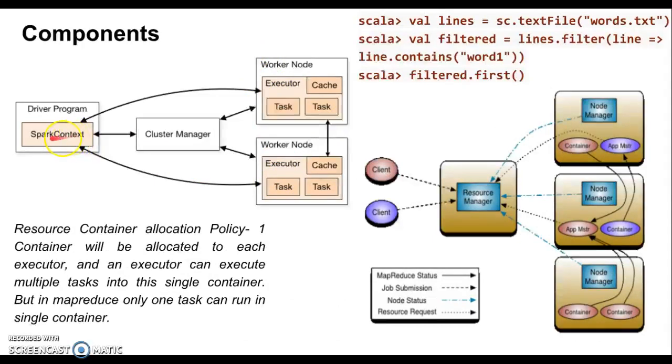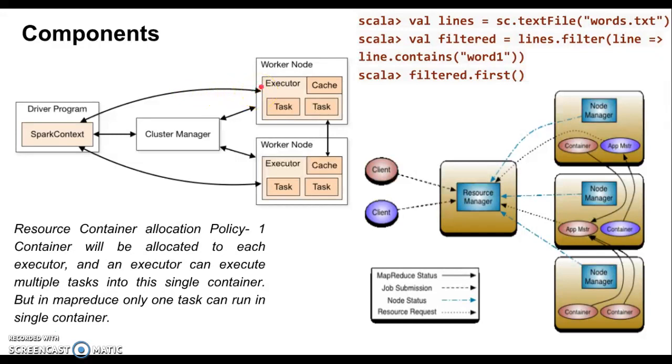It's not necessary that you are using a single Spark application. You can have multiple Spark applications running on these worker nodes. Let's say you have a cluster of only 2 nodes and you have multiple applications. All the executors will be launched on these 2 nodes. What I'm trying to say is that when you have a different Spark context, you will have a different driver program, because each driver program has its own Spark context, and Spark context will allocate the executors for its application, different executors for different applications.